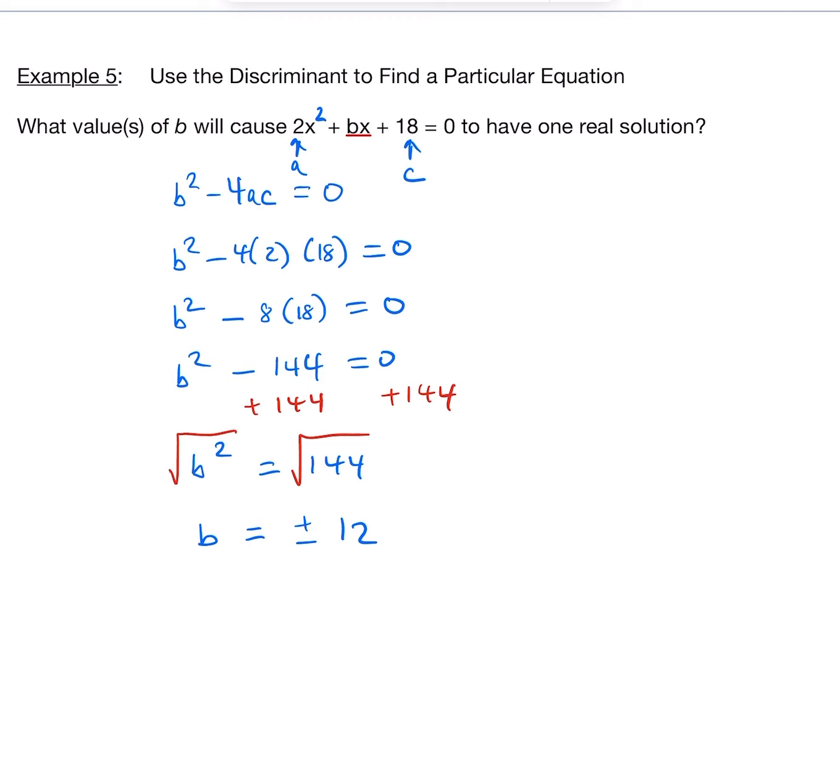So the answer is b needs to be either positive 12 or negative 12 to cause this quadratic equation to have only one real solution.